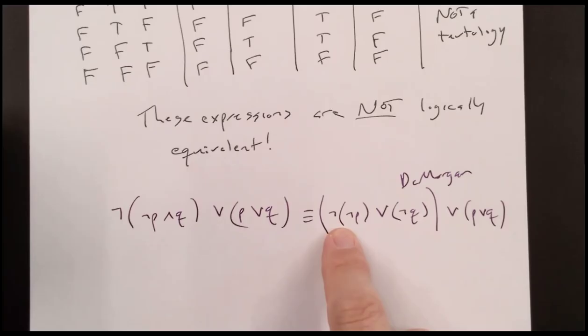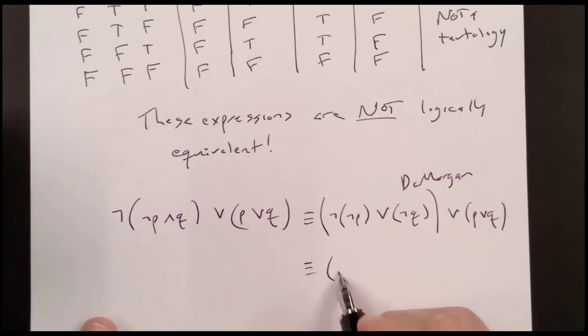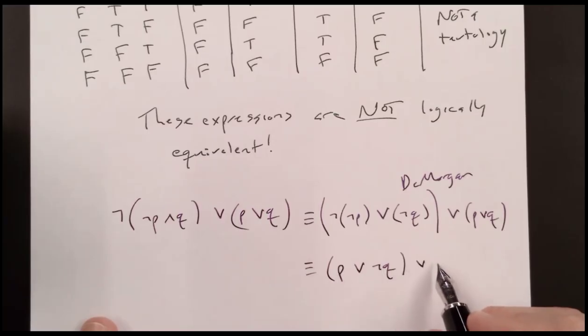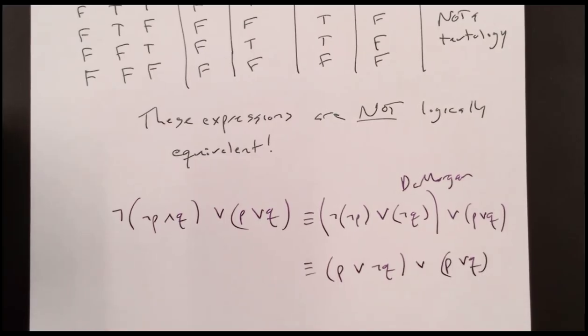Because this is two negatives, right? A double negative cancels each other out. That'll become a P. Great. So that's equivalent to P or not Q or, oh, hang on a second. P or Q. It is at this point that I notice I made a copy error.